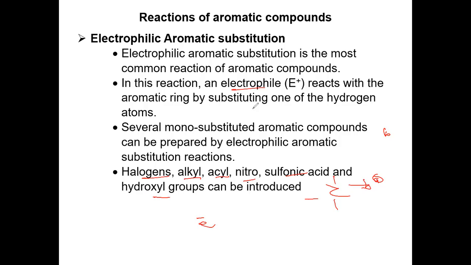Now, what is the importance of that? It means if electrophile is attacking the aromatic compound on the benzene ring, we are assuming that the benzene ring is negatively charged, or is electron rich, which is true. The benzene ring has 3 pi bonds, and pi bonds are generally known to be very electron rich, right?